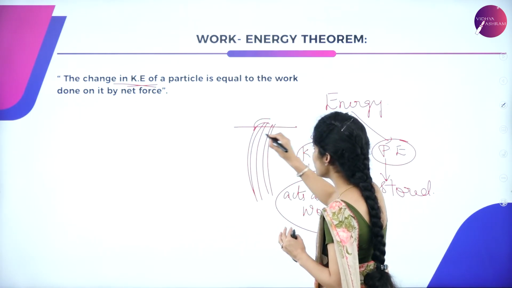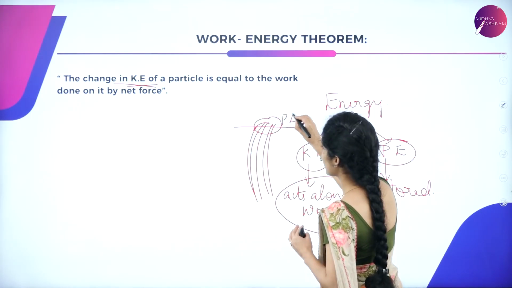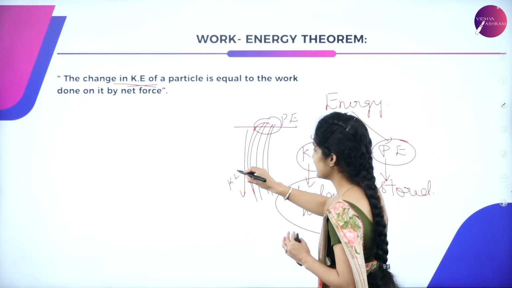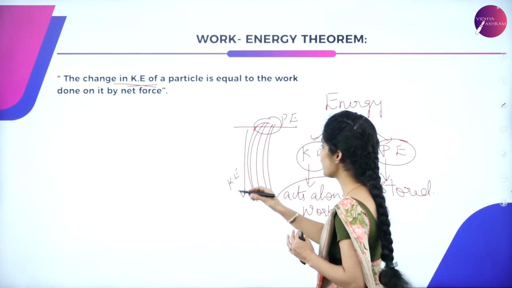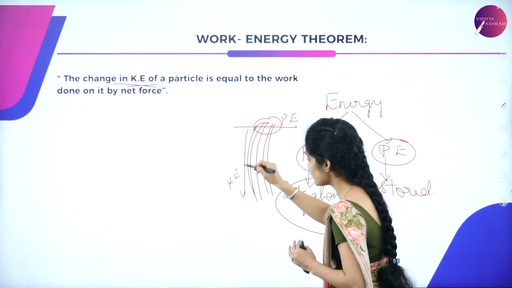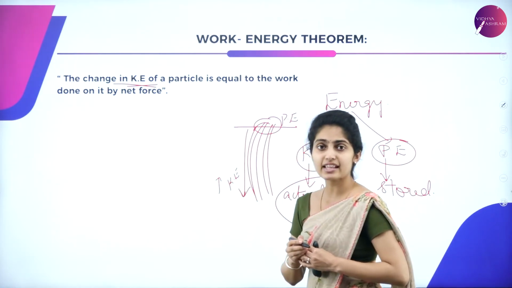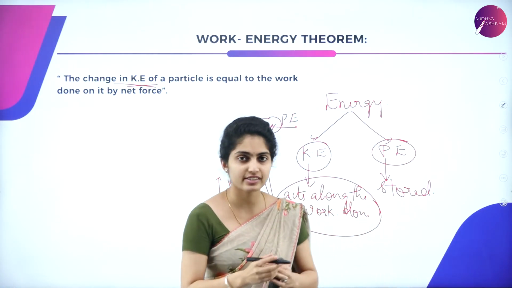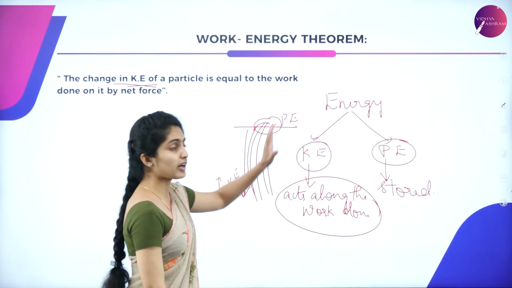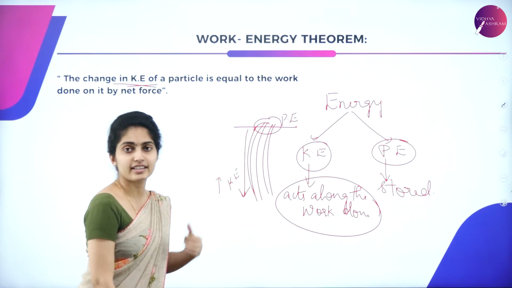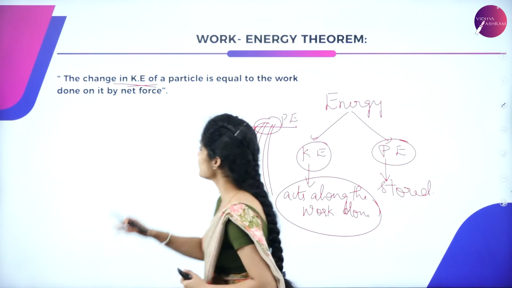So the stored water here has potential energy and the falling water has kinetic energy. Now as the water is let down, the kinetic energy keeps increasing and your potential energy decreases. Potential energy at this part is higher. As it moves down, it decreases and the kinetic energy increases. So that is what it is.